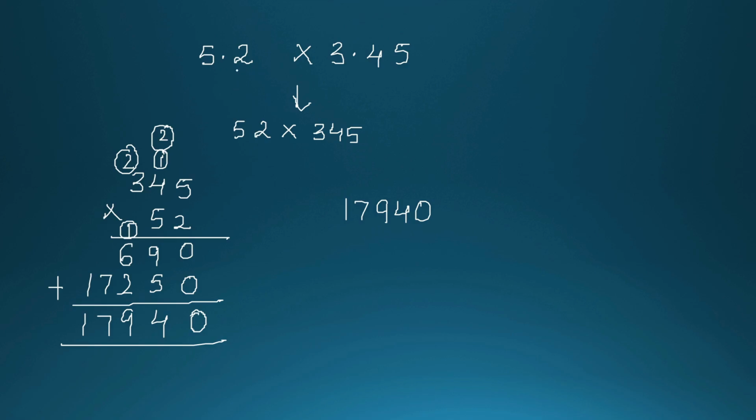In my first number, I have only one digit after the decimal. Here, in the second number, I have 2 digits after the decimal. So we have to count the total number of digits after the decimal. So 1 plus 2 makes it 3. That means from the right side, I have to move my decimal 3 places toward the left.